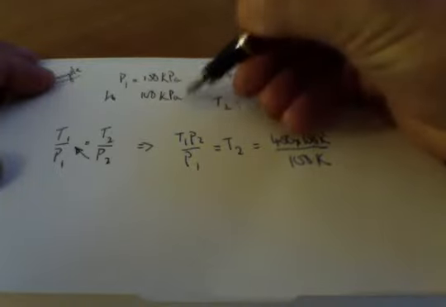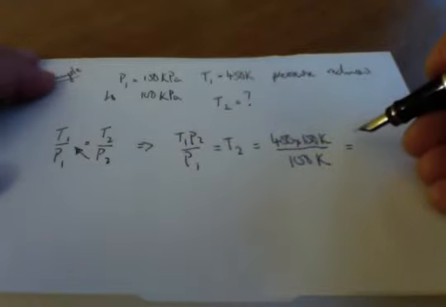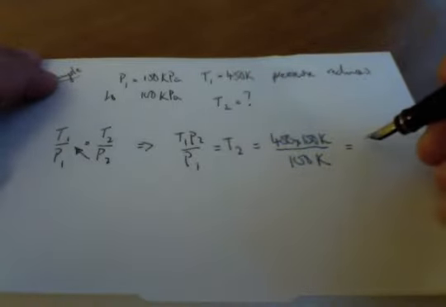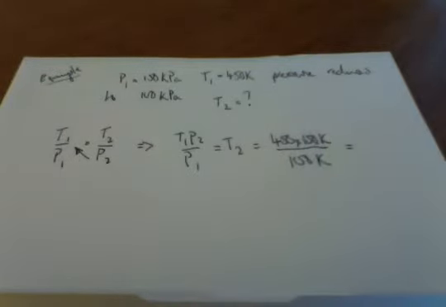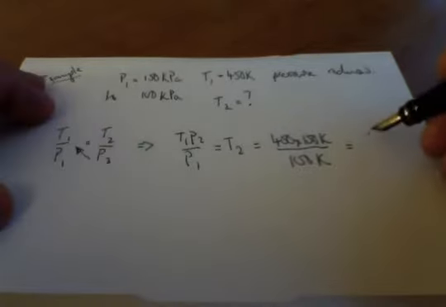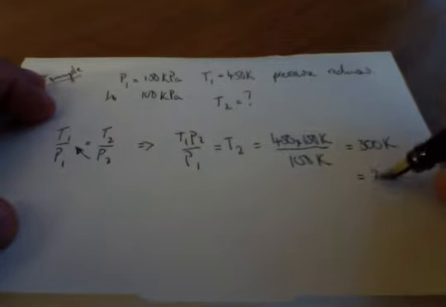And bearing in mind here, I've gone from a higher pressure to lower, I know the temperature is going to be lower. And that gives me, let's quickly do the sums. I forgot to do the sums. 300 Kelvin, which is the same as 27 degrees C.